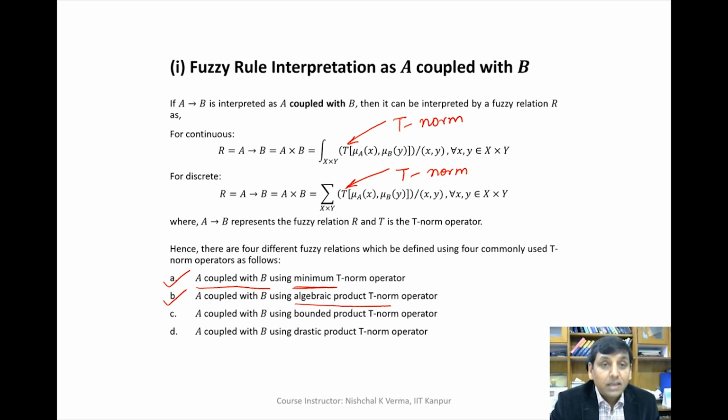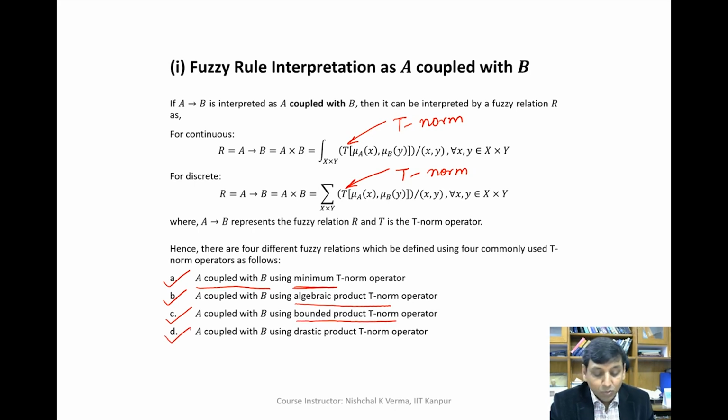We already know that T norm is also called as S conorm, and similarly S norm is also called as T conorm. So the third one is when the relation fuzzy set can be obtained by using the bounded product as the T norm operator.